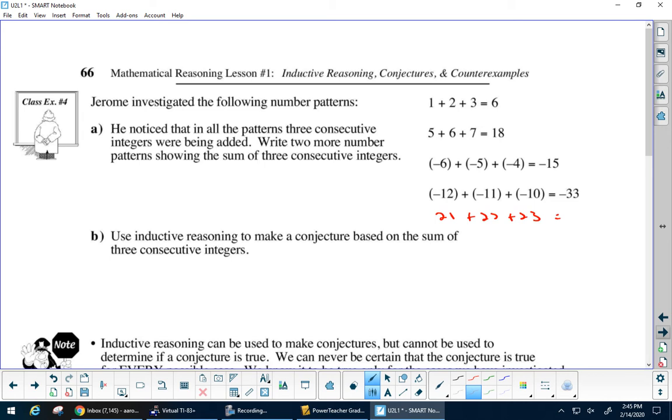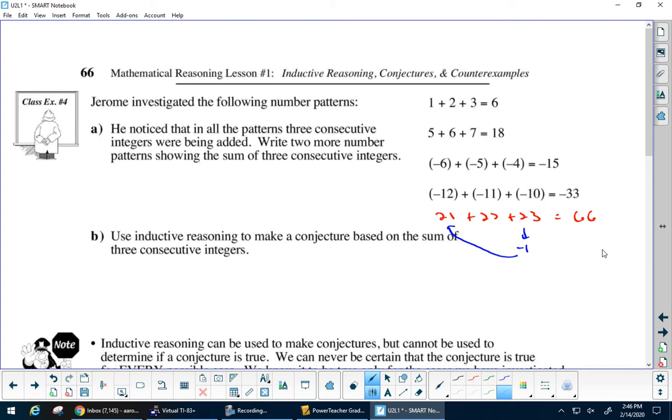What does that equal? 66. Now, I just want you to look. What happens if you take the 1 away from here and add it to here? We get 66, don't we? Since this is always one less and this is always one more, I can bring that here, right? And what would I get? 3 22s.